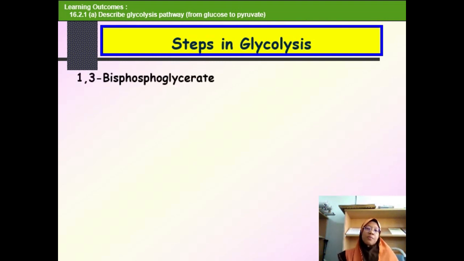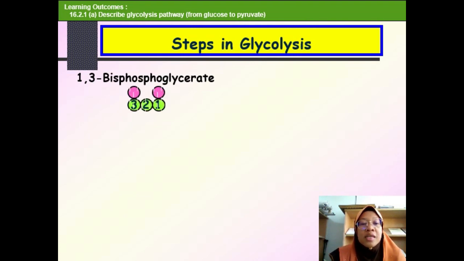Okay, since daripada tadi kalau you tengok, dia masih hutang kan? Hutang 2 ATP. Sebab tadi you invest, ada 2 ATP yang you pinjam. Jadi sekarang baru start nak hasilkan ATP. Alright, so 1,3-biphosphoglycerate tadi. So, ada 2 phosphate group pada karbon 1 dengan karbon 3.